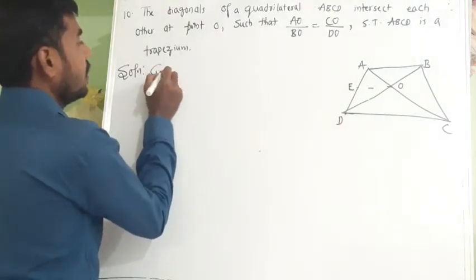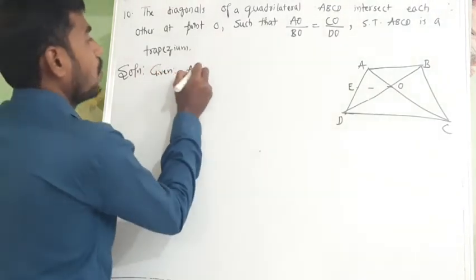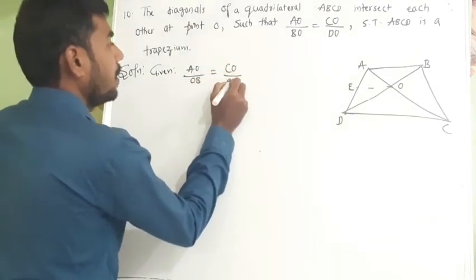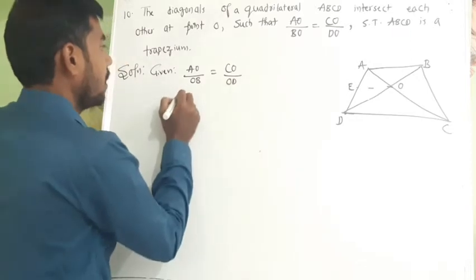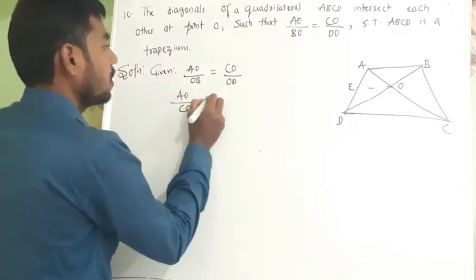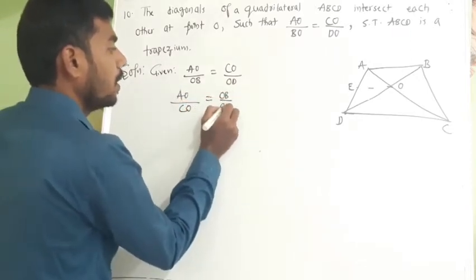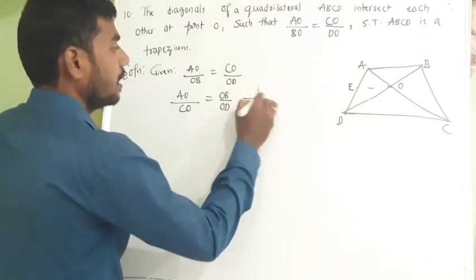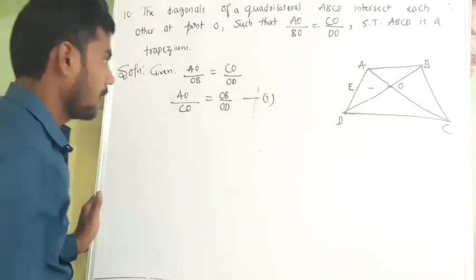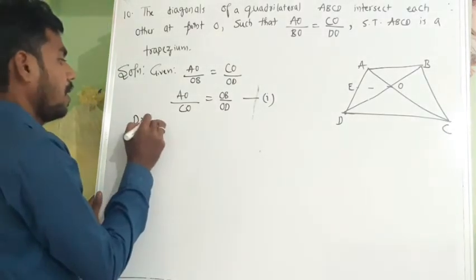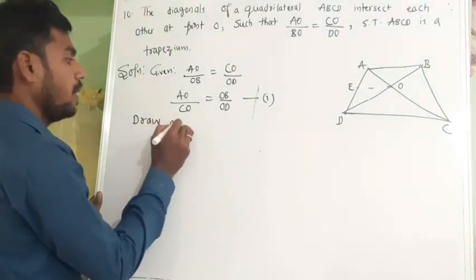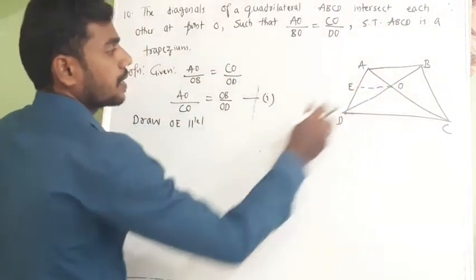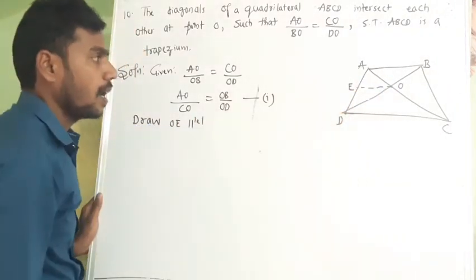Okay. So what is given? AO by OB is equal to CO by OD, or else AO by CO is equal to OB by OD. This is given, and I'll call it equation number 1. Next, draw OE parallel to AB. Since it is a construction part, I am indicating it by a dotted line.